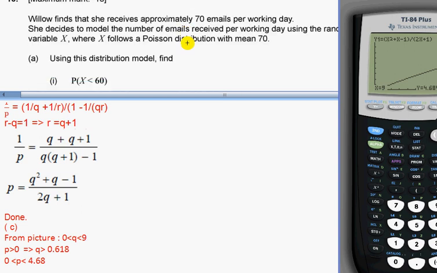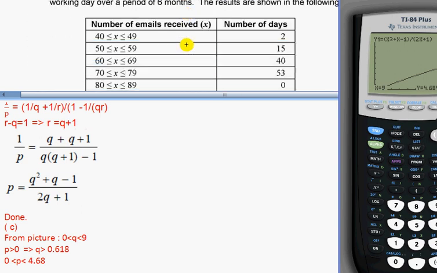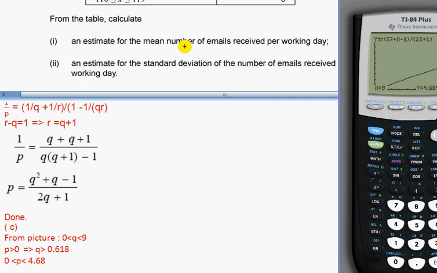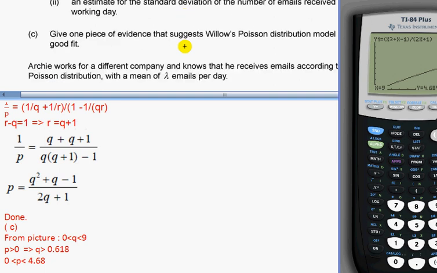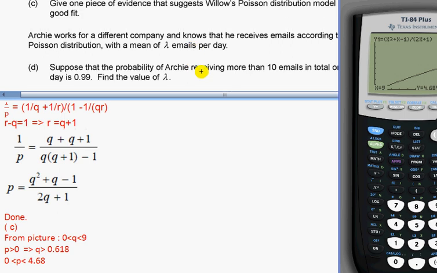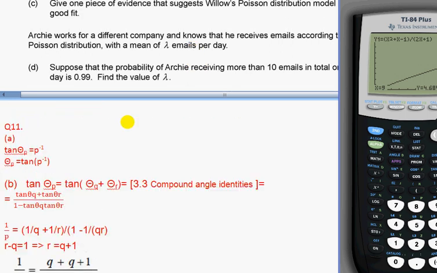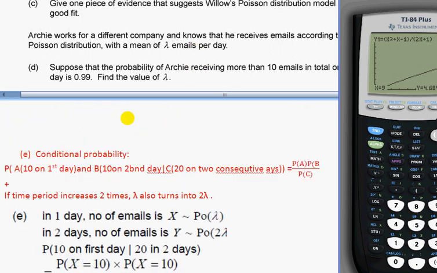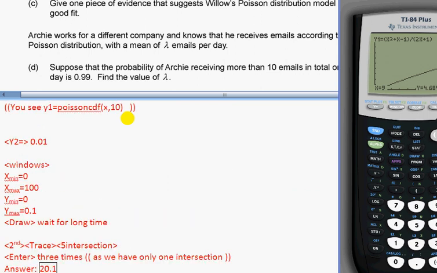Suppose that probability of receiving 10 emails in total of any number of days is 0.9. Okay, let x go from 0 to 100.